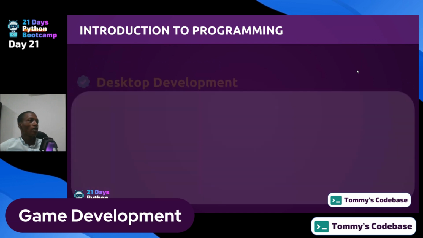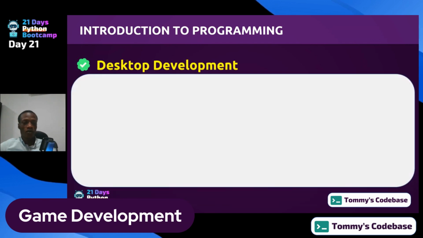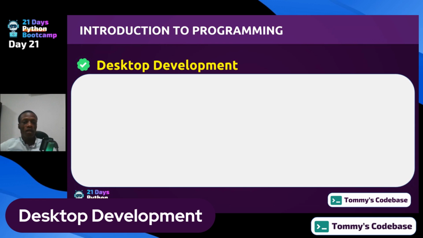Another field that you can also take a look at is what is called desktop development. Desktop development is if you want to build applications that run on desktop, like PyCharm or VS Code or any other tool you have been using. Most of the applications you are using are on a desktop computer, so either a laptop or a desktop computer.